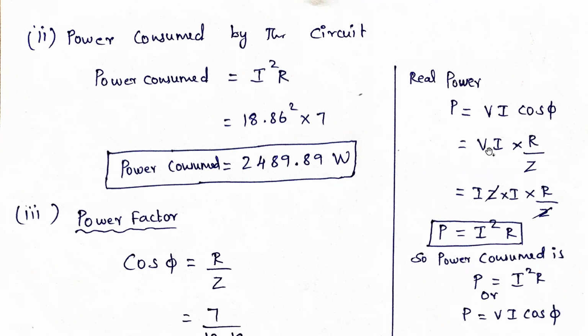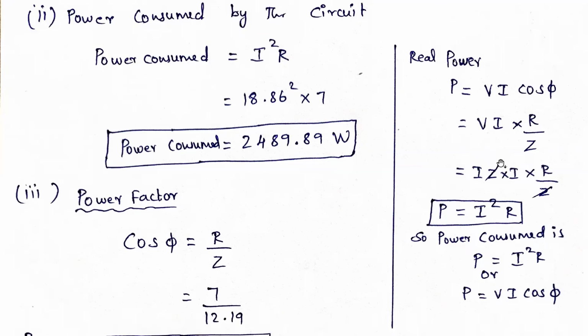If you substitute for V, V is nothing but I into Z by Ohm's law. Simplifying further, Z and Z get cancelled, so it is I squared R. So power consumed is I squared R, or otherwise VI cos phi.